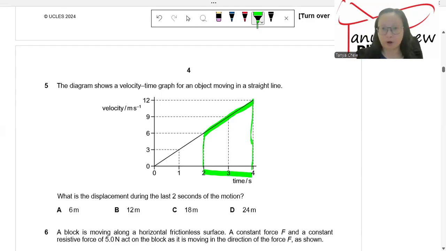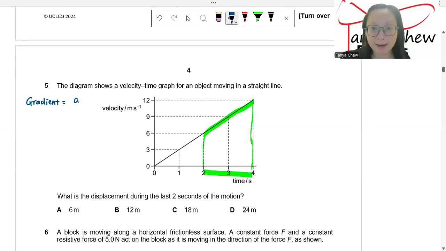I said that when a graph is being given, there are two informations that you could obtain from the graph. One is the gradient of the graph. The other one is the area under the graph. Now, the gradient of the velocity time graph gives you acceleration. Whereas area under the graph gives you the displacement.